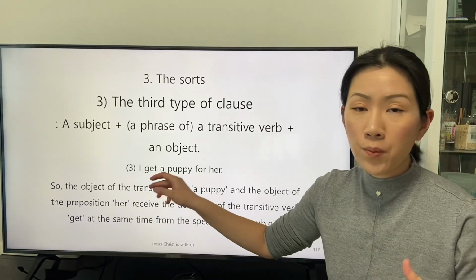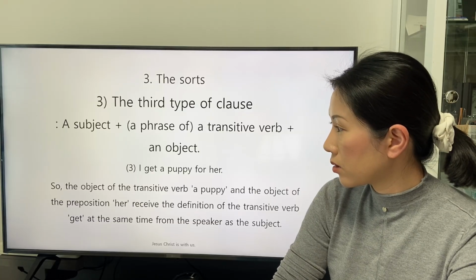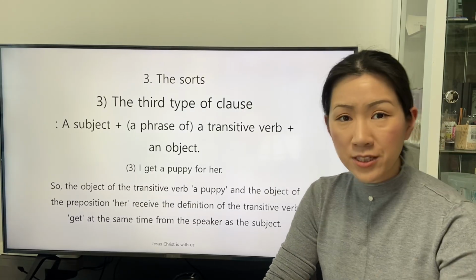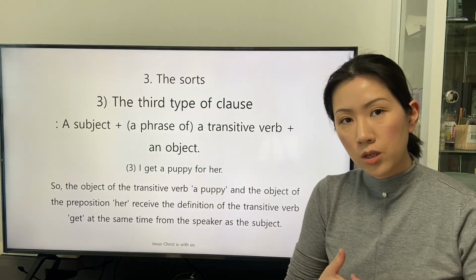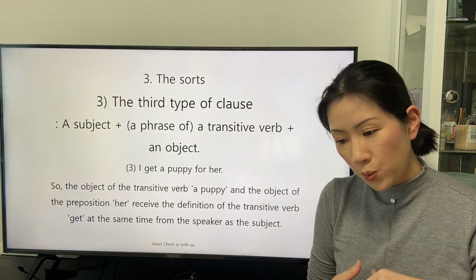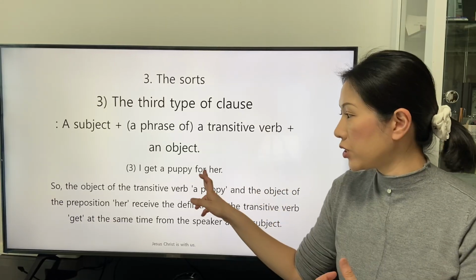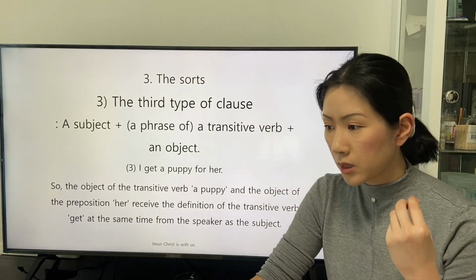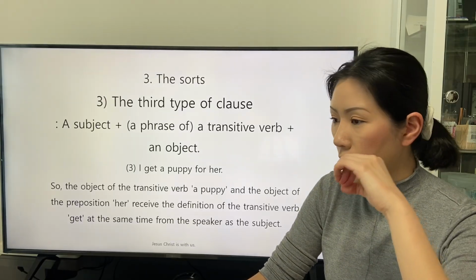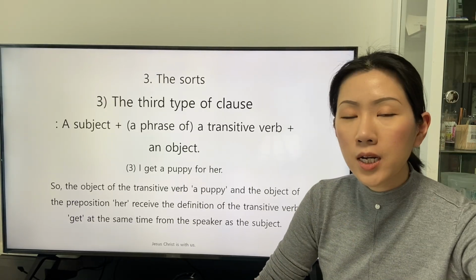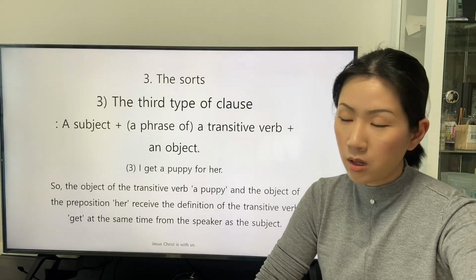For the transitive verb whose definition is matched with the object of the preposition, the preposition for is proper.